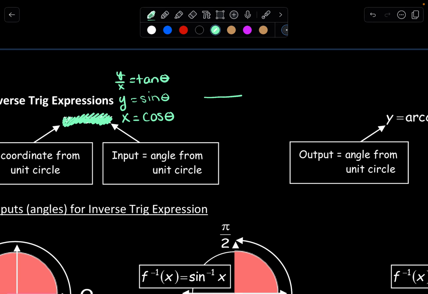So if we switch these, if we go to inverse land, where the inputs and outputs are switched, another way to think about this is if we start with cosine, I'm taking the arc cosine of both sides. So arc cosine of x is equal to arc cosine of cosine theta.